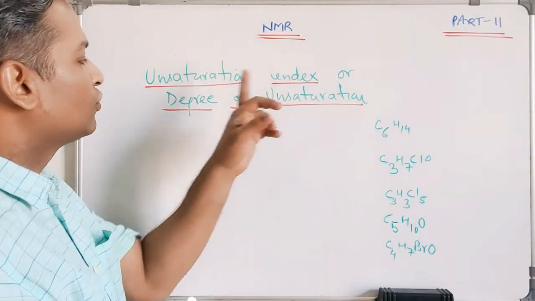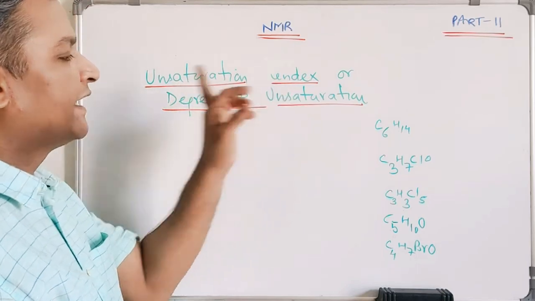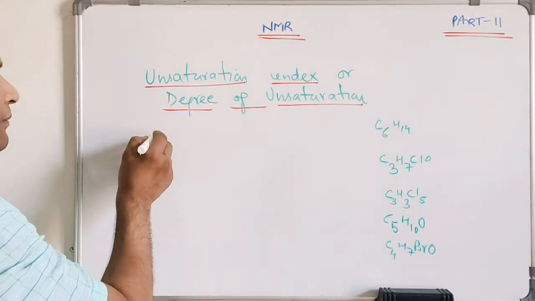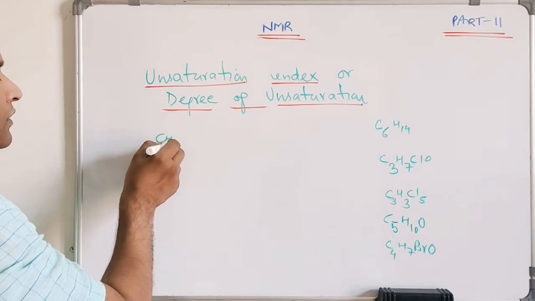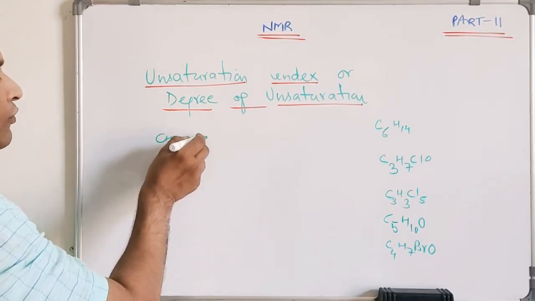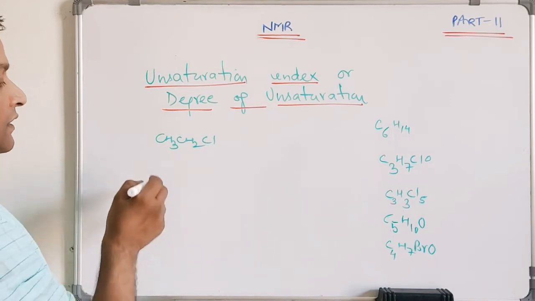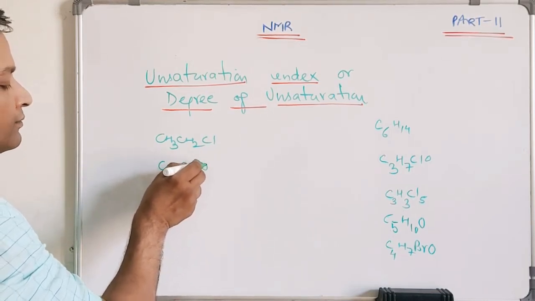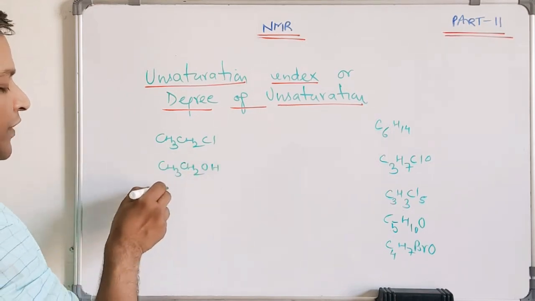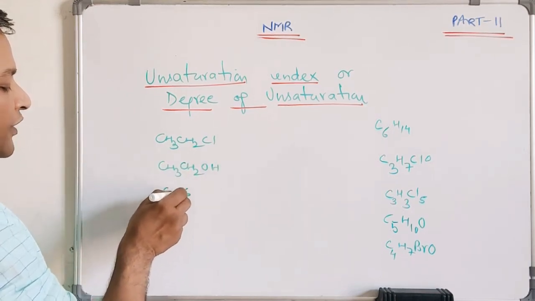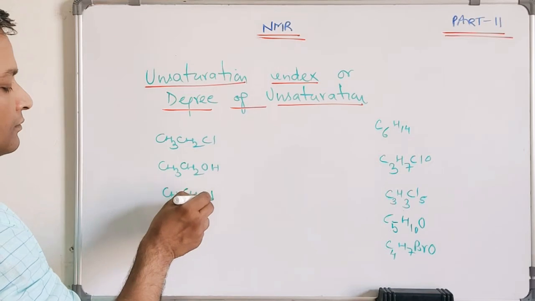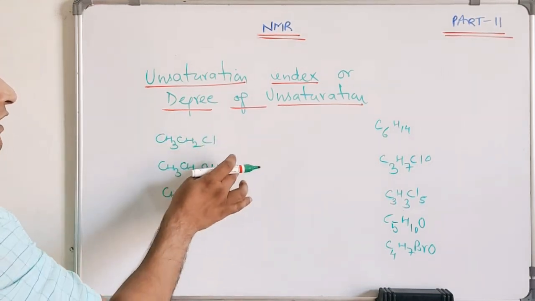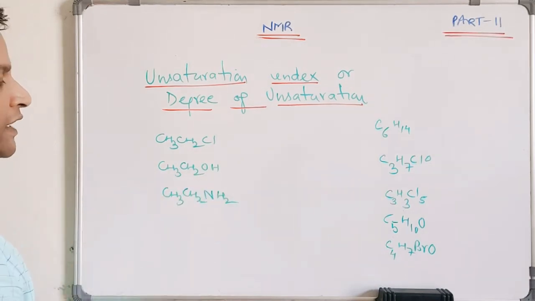Degree of unsaturation is also called the unsaturation index. Before we discuss this, let me draw some formulas involving halide, oxygen, and nitrogen. It is a haloalkane, an alcohol, and a primary amine.